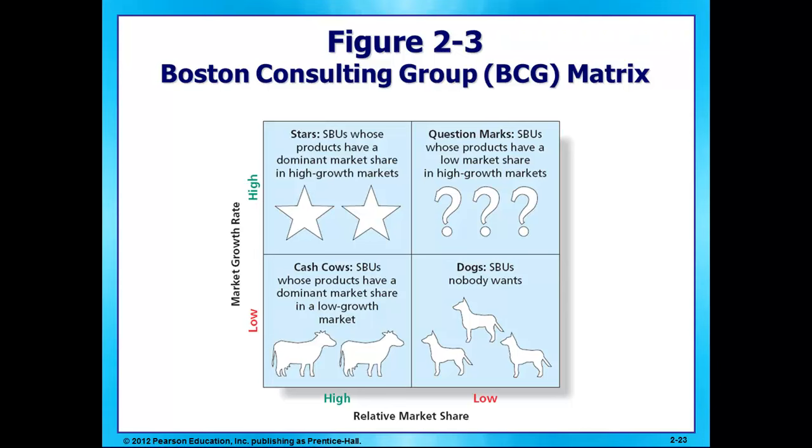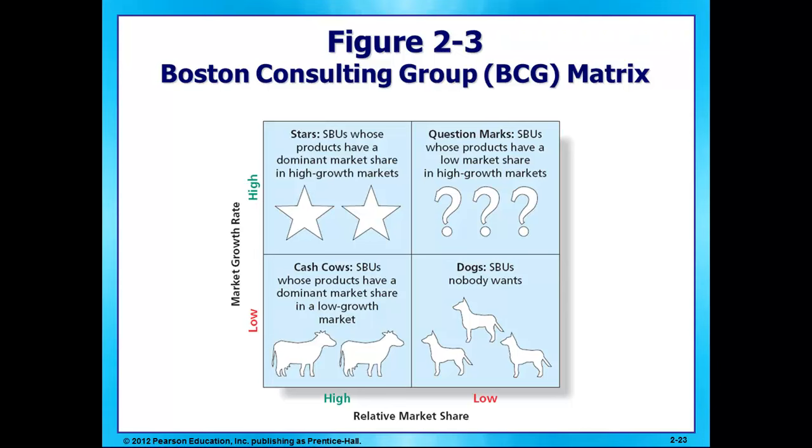Similarly, the second dimension is relative market share. And again, what's a high market share, which you'll see on the left-hand side of the continuum, compared to a low market share on the right-hand side of the continuum, differs depending on industry. If an industry is an oligopoly and maybe there are only 3 or 4 competitors, then you might say that a high share is something upwards of 25%.